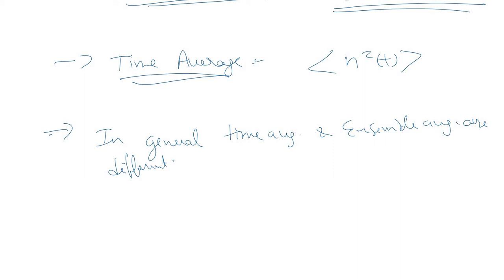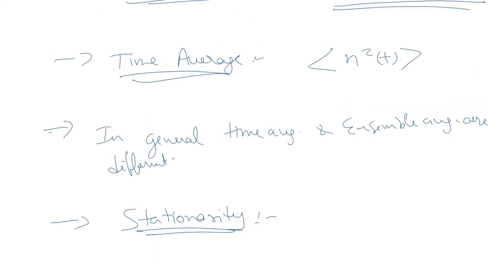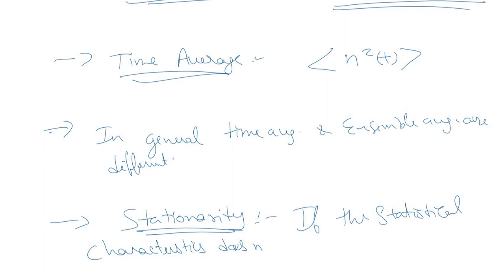Then comes the concept of stationarity of a random process. When the statistical characteristics of the sample function do not change with time, where statistical characteristics means the averages, that random process is described as a stationary random process.